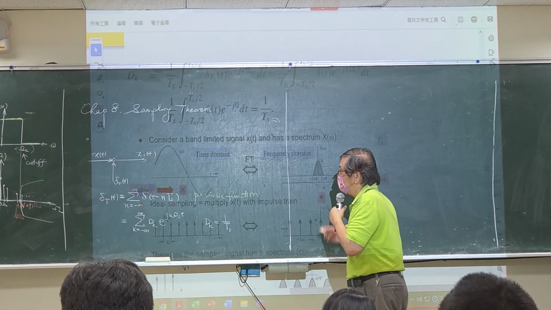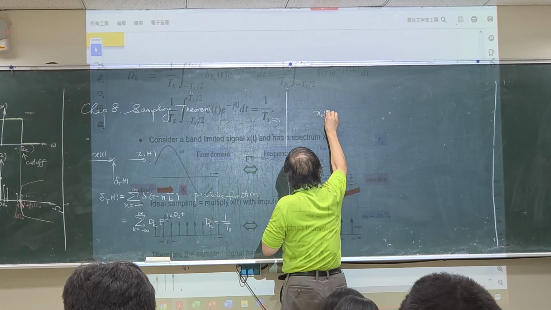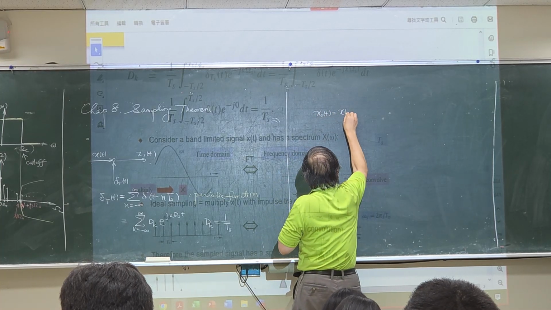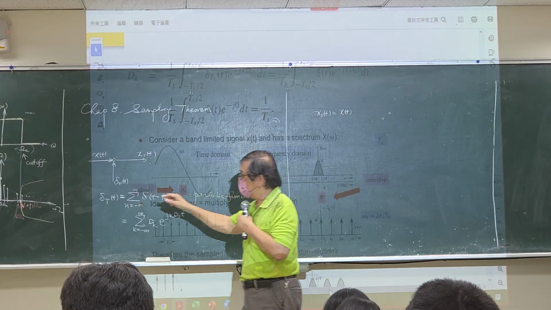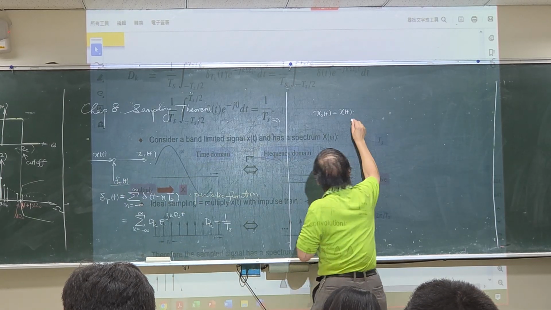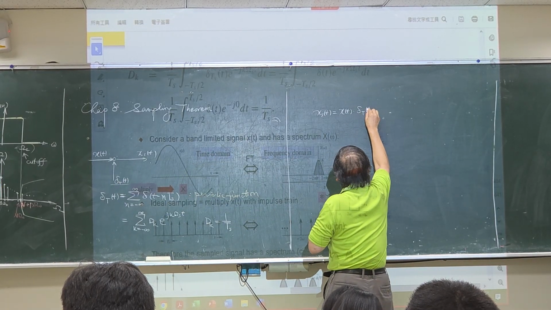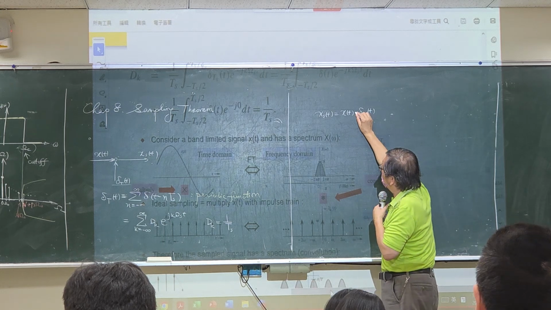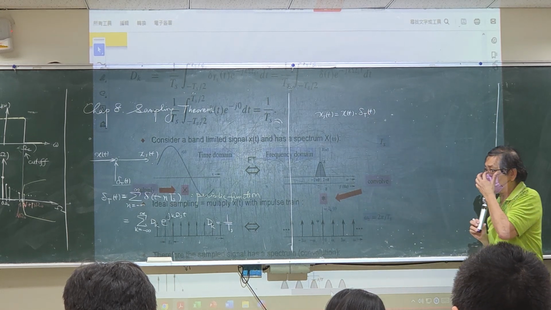Okay, and then the sampled signal is simply x of t, the input signal, times the impulse train. A direct product, okay? Direct product.